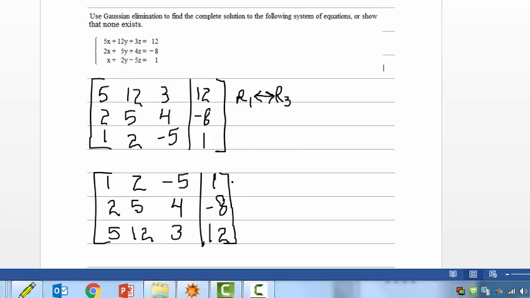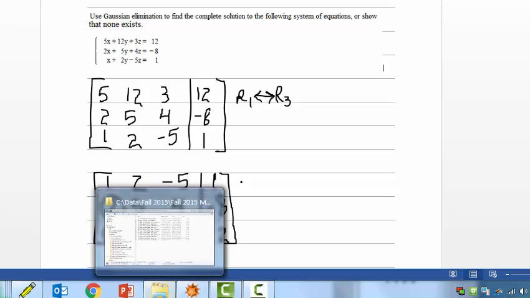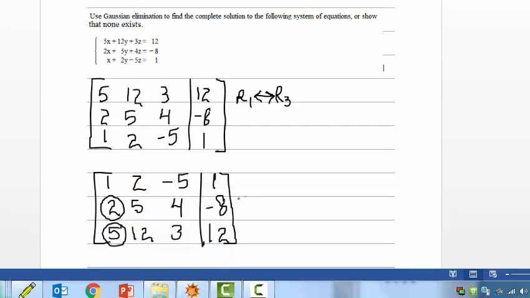Alright, now the process is to start in column 1 and get zeros on the non-diagonal elements in column 1. So the diagonal element in column 1 is the element that's in row 1.